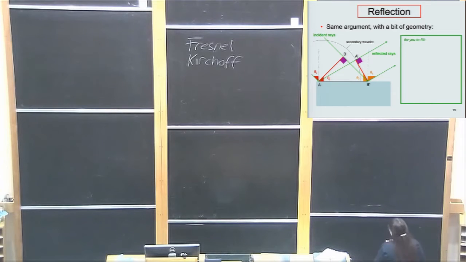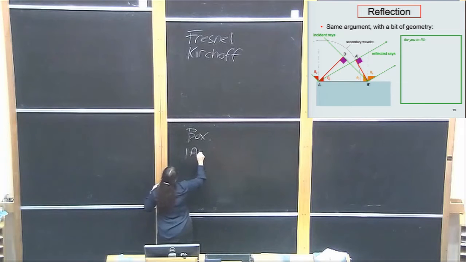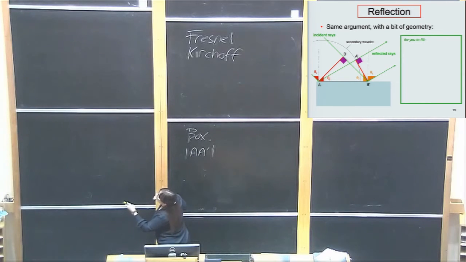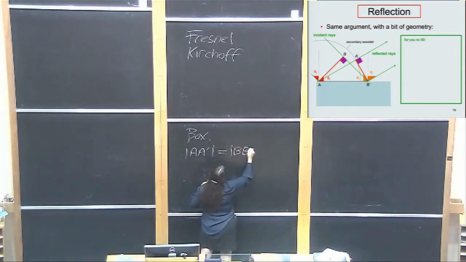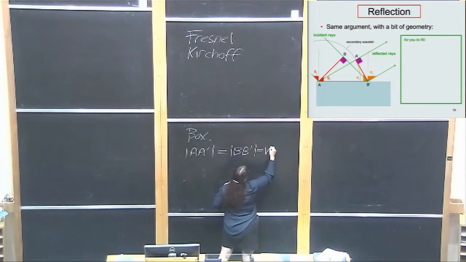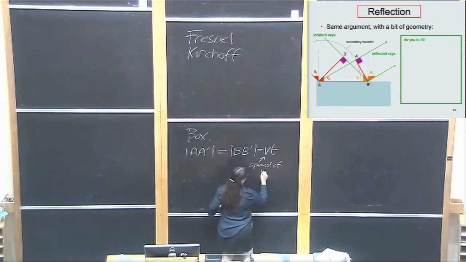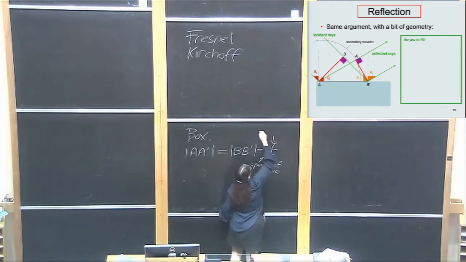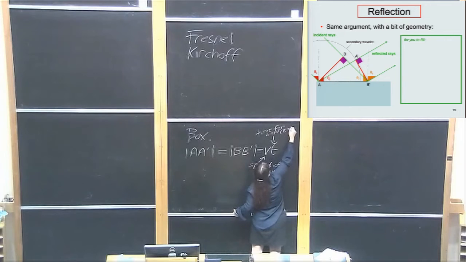Let me write one bit of maths, which is to put in the box, which I hope will make that clearer. And we'll just check, right. So what I'm saying is that the length A prime, that is the radius of this particular wavelet that I've drawn, is equal to the length B prime, and it's equal to VT, where that's the speed of the wave, and that's the time for A to get to A prime, or equivalently B to get to B prime.